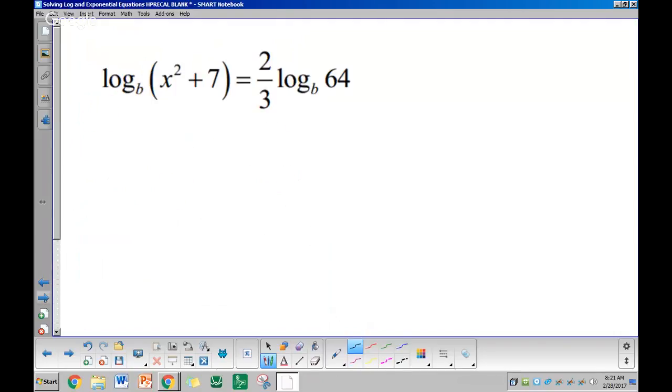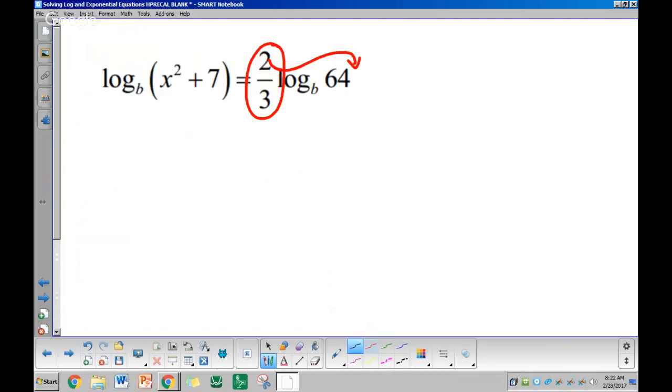Another type of problem is when you have logs on both sides. What we need to do is get a log equal to a log, so then we can exponentiate both sides. But there can't be anything in front of the log. So we're going to use the properties of logs and bring the 2/3 up to the 64.